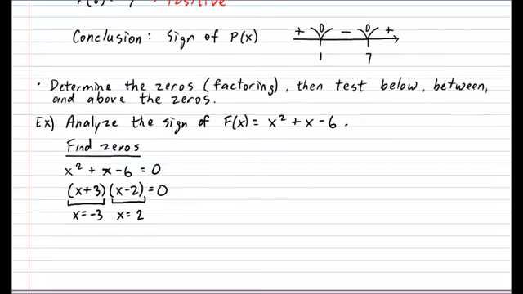So we know that the zeros will occur at minus 3 and 2. The big question is, what's going to happen before minus 3? What's going to happen between minus 3 and 2? And what's going to happen beyond 2? Well, let's test it. So, next subtitle, test below minus 3.